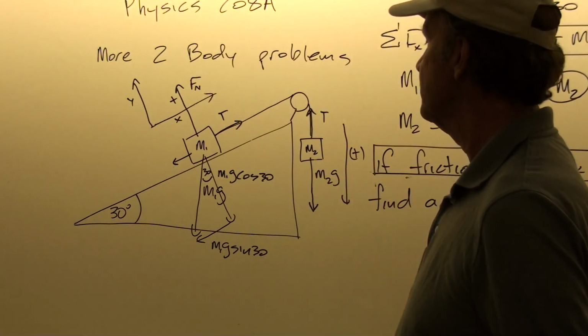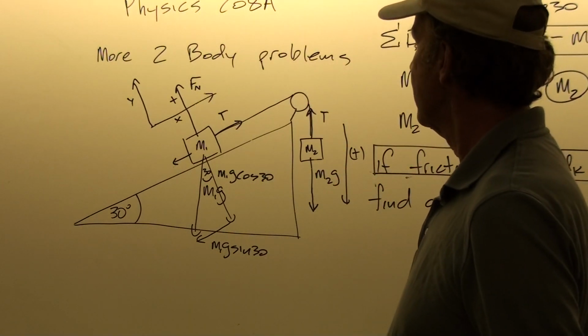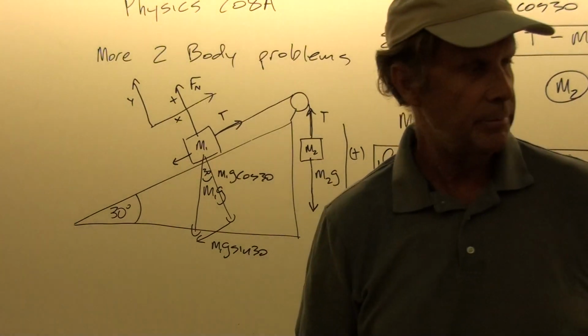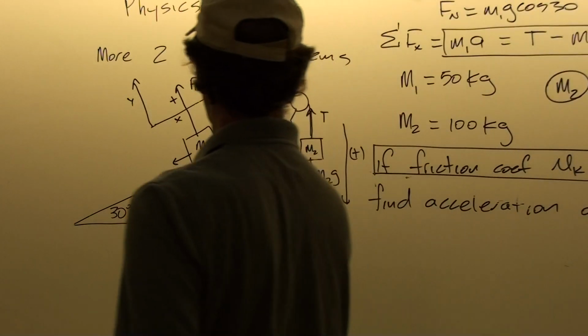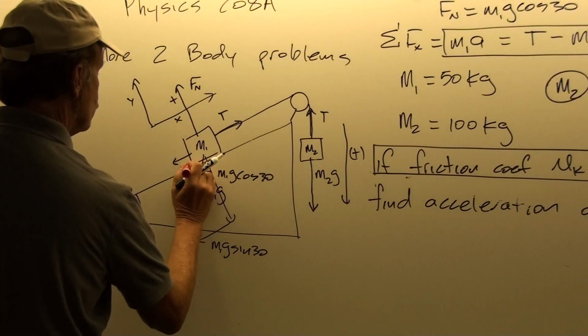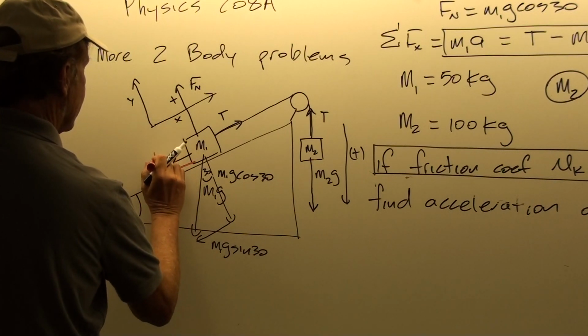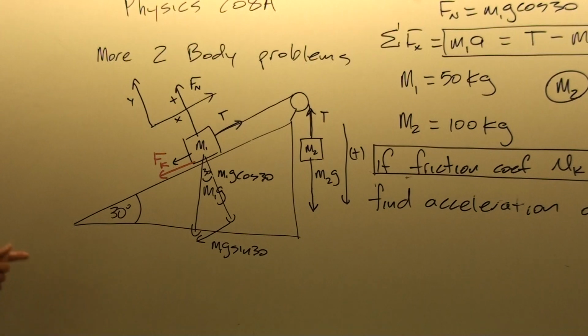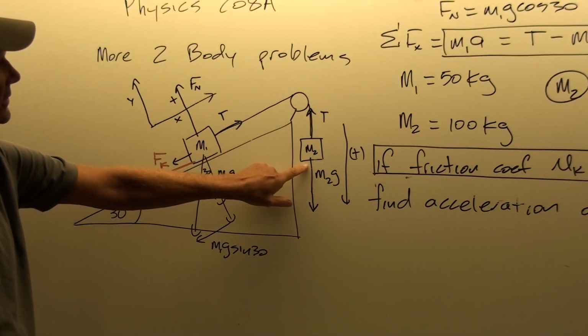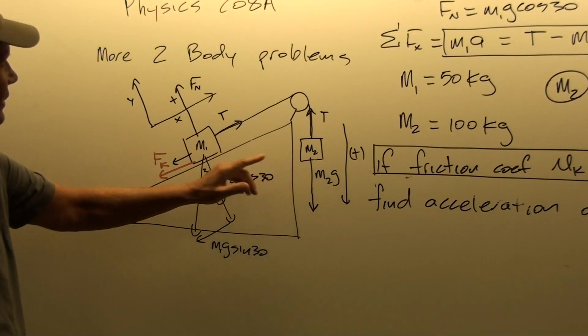So our coordinate system is the same as before. But what's going to be different here is that we're going to add the force of friction. And that force of friction is always going to resist the direction of motion for the object. Now M2 clearly is not touching anything, so it has no friction force.